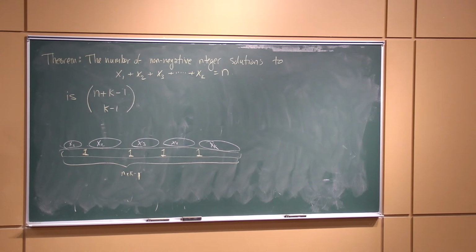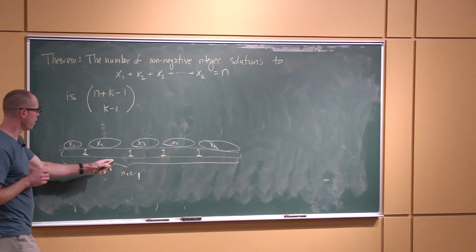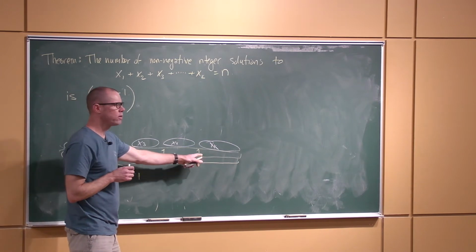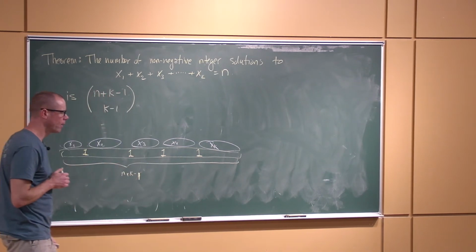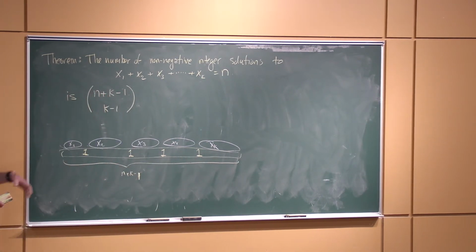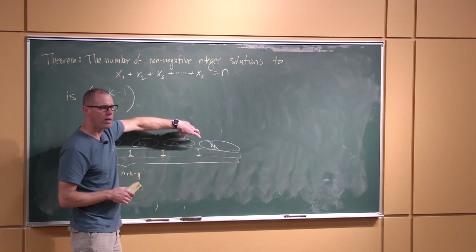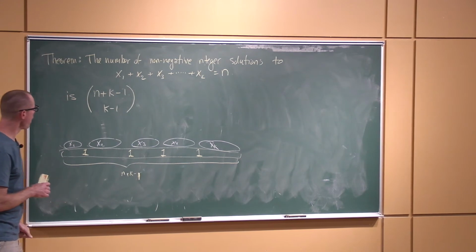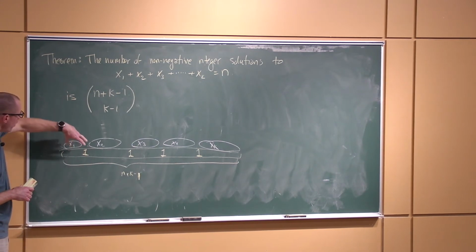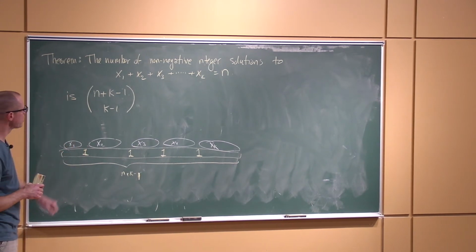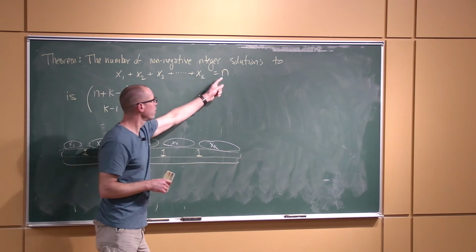Why is it n plus k minus 1? Because I'm going to drop k minus 1 ones into this string, which is going to break it up into k gaps between the ones. And I want the sum of those gaps to have length n.